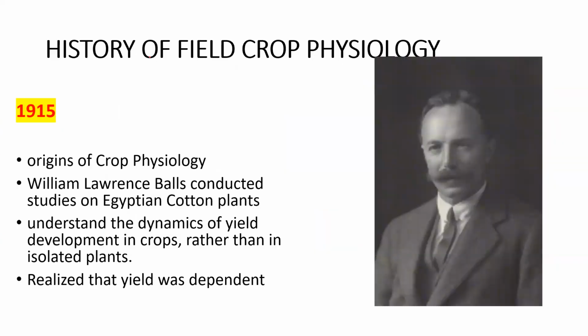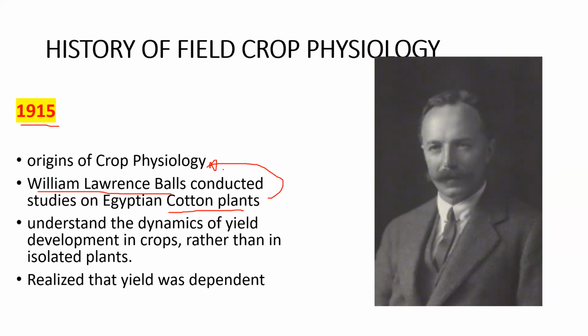So, last time, na-discuss din natin ang history of field crop physiology wherein noong 1915, si William Lawrence Bowles ang nag-study about sa cotton plants wherein siya din yung origin of the crop physiology.